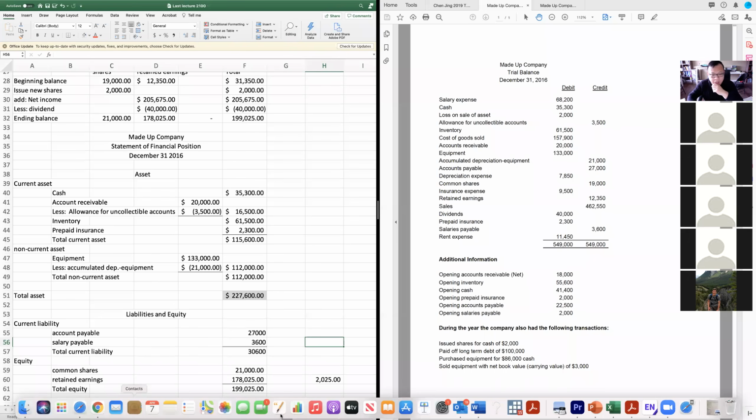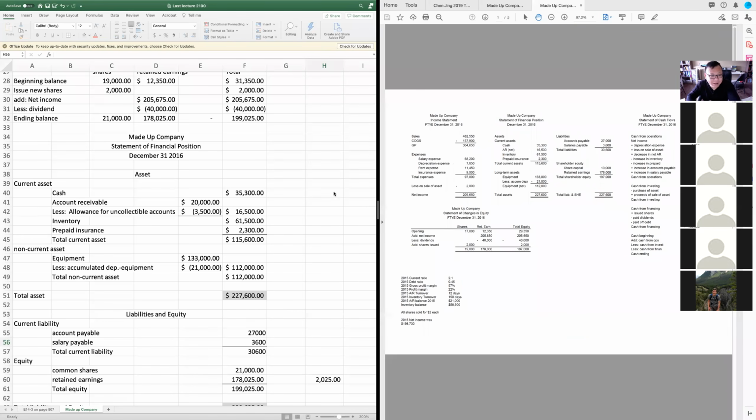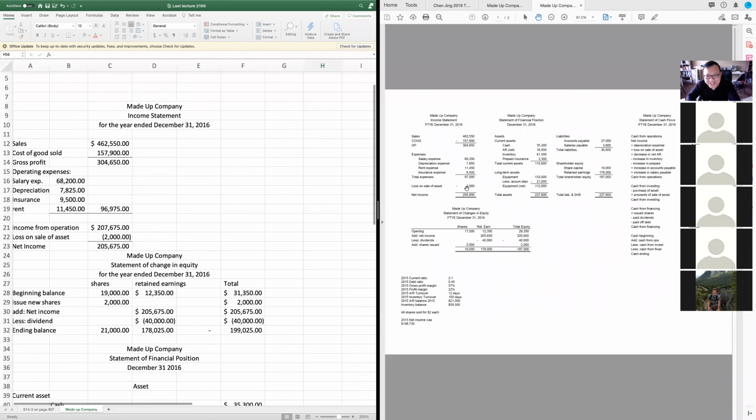The good thing is I think I have a solution. Too bad if in the exam you don't have a solution. Okay, let's see where I did it wrong. So here, the net income is 205,650. Mine is 275. So this one is wrong. Where did I write it wrong?